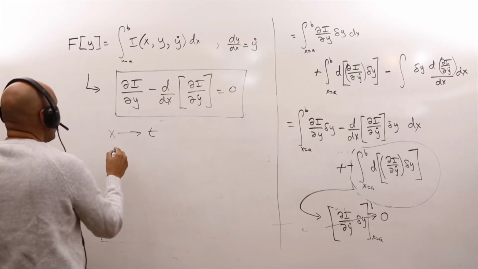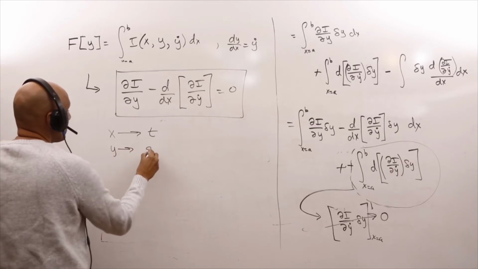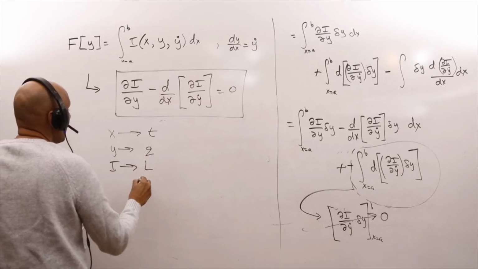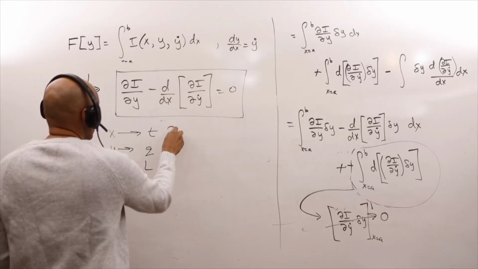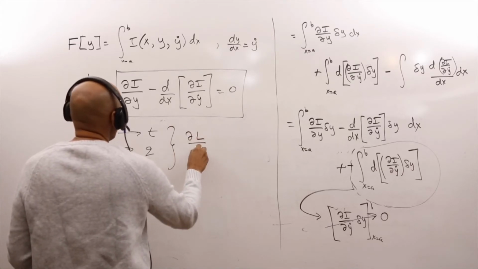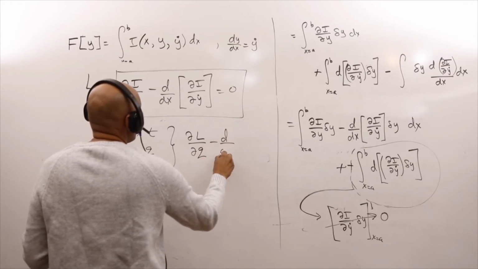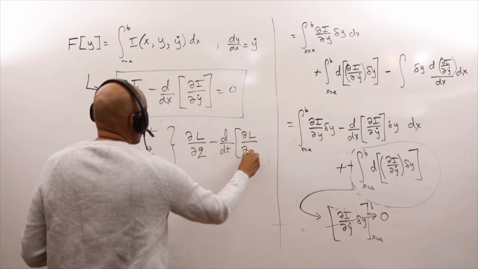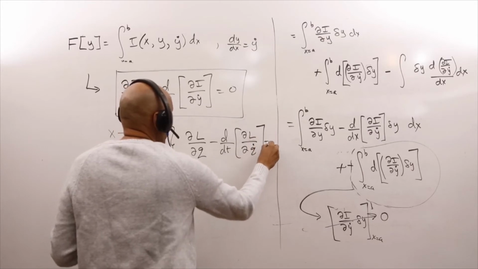And I said that y is some variable q, and the integrand I is the Lagrangian L. And if I do this right, we'll see, hint, hint, that this looks like the partial of L with respect to q minus the derivative with respect to time of the partial of L with respect to q dot.